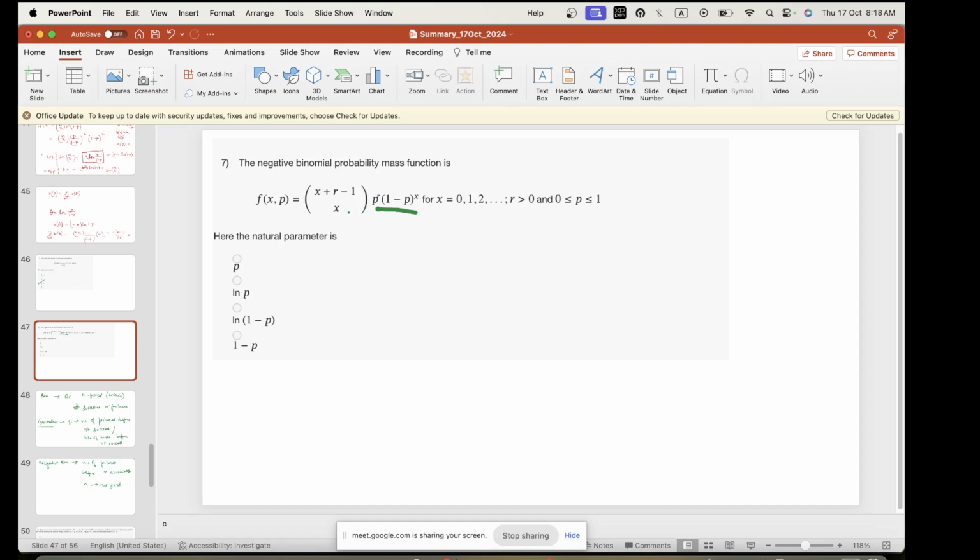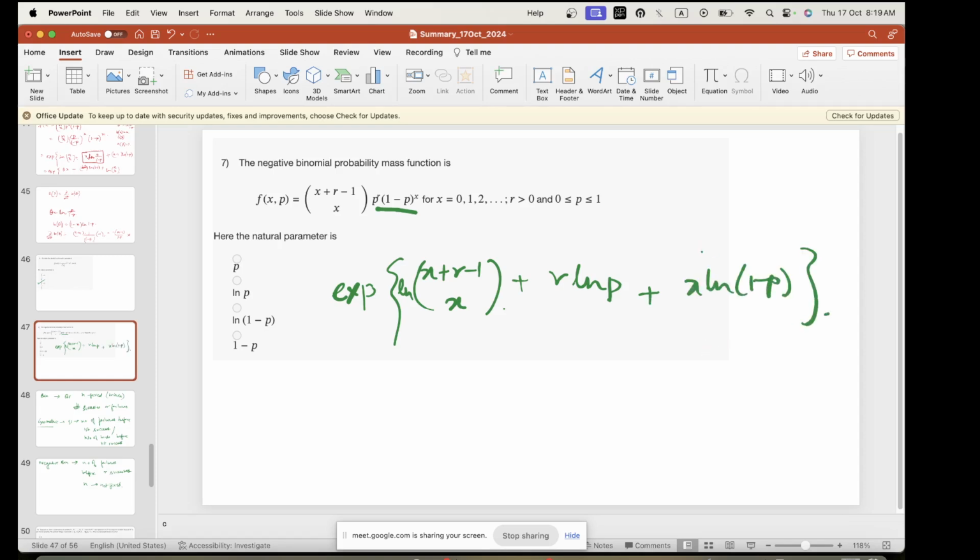All right, so here again if we write exponential of ln (x plus r minus 1)Cx plus r ln p plus x ln(1 minus p).